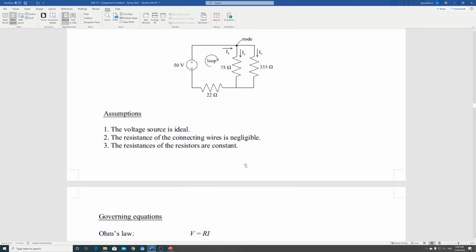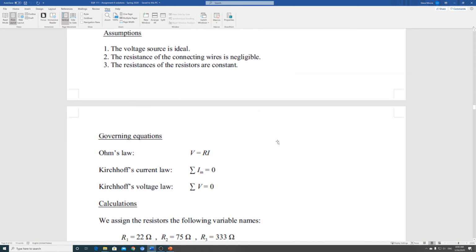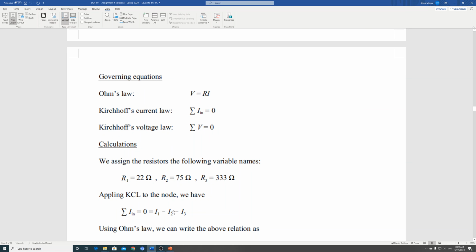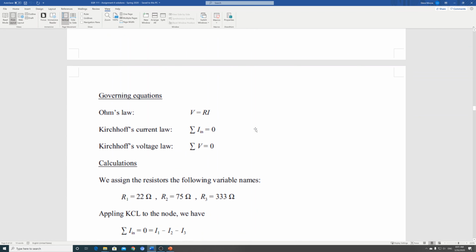We've already drawn it, and we're going to use this node to come up with a KCL equation. I1 was coming into the node, and I2 and I3 are leaving. So I1 is positive, I2 is negative, and I3 is negative. And that's what we have in our circuit, coming in and leaving.